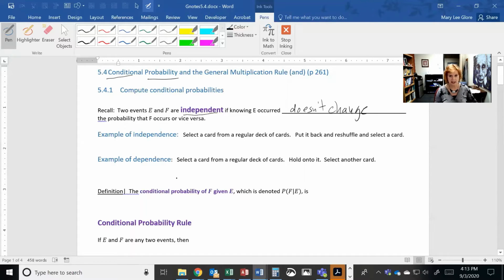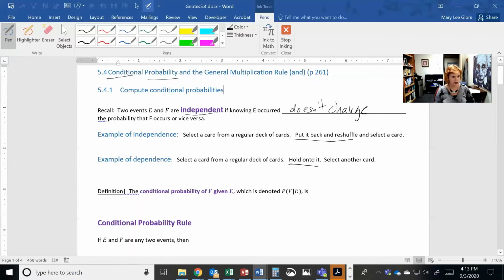Dependence would be if I selected a card and then held on to it. If I replace and reshuffle, it's independent. But if I hold on to it, now I only have 51 cards to choose from on the second card. So it's not the same.